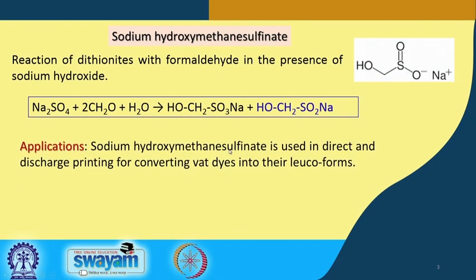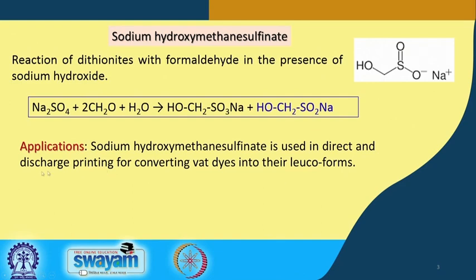This particular molecule is also a very useful one, because this sulfinate molecule is used in direct discharge printing for converting vat dyes. In the dyeing industry, the container, the reaction medium where they do the reaction is the vat, and in that vat the dyes are utilized in their leucoform, meaning their colorless form.